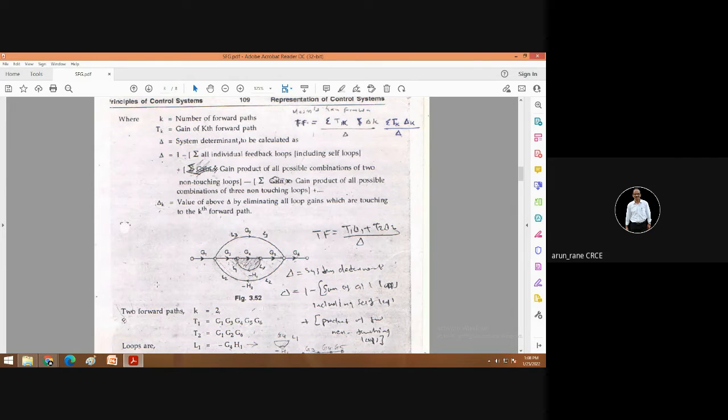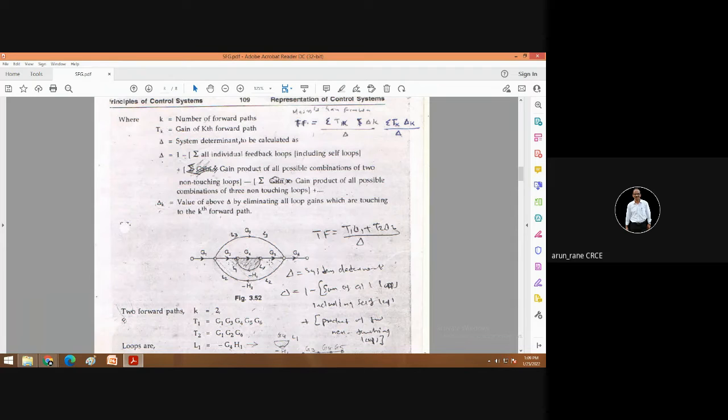So let us take this example. Now, summation of Tk delta k. First we will identify how many forward paths there are in this example. So there are two forward paths.